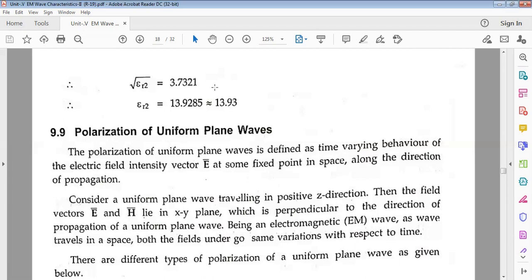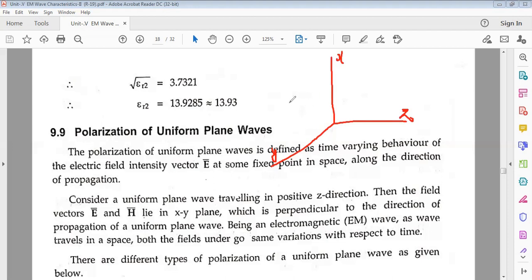Means in the three variables X, Y and Z, the X direction, the Z direction and the Y direction. The E is in the X plane and the H is in the Y plane, which is perpendicular to the direction of the uniform plane wave.